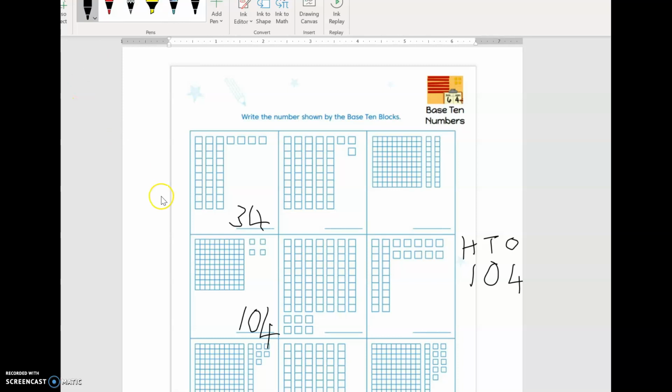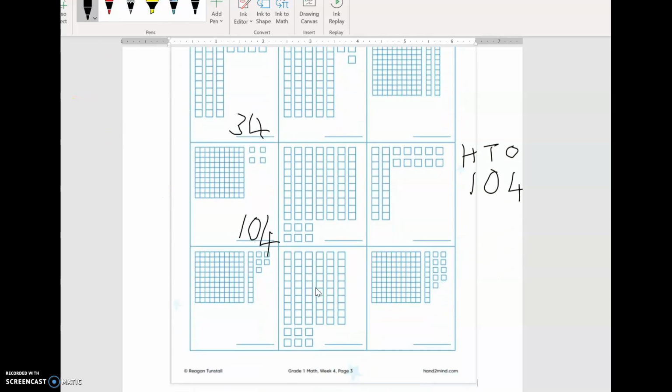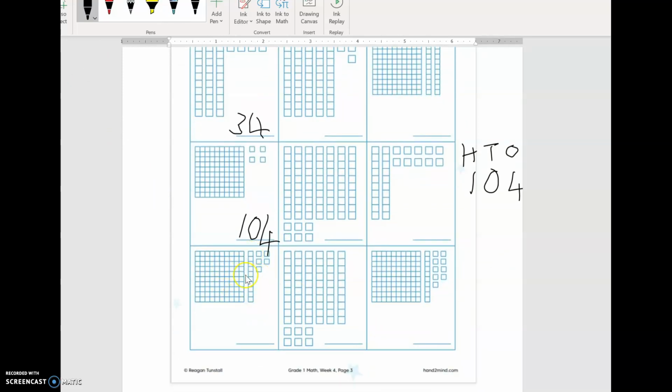All right, let's look at the one below it, okay? So the one below it, I'm going to write it on this side. How many hundreds do you see? I have one flat, right? So there's only 100. How many tens do you see, or how many longs do you see? I see only one long here. So I'm going to put 110.